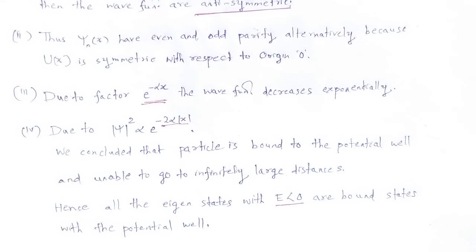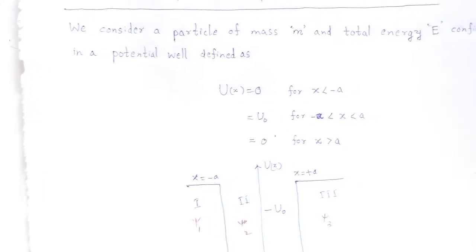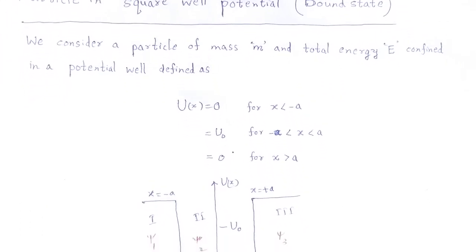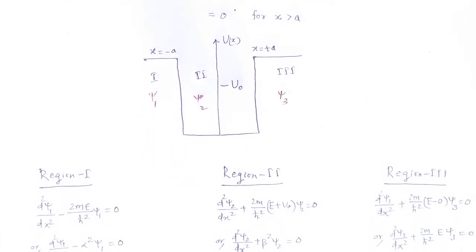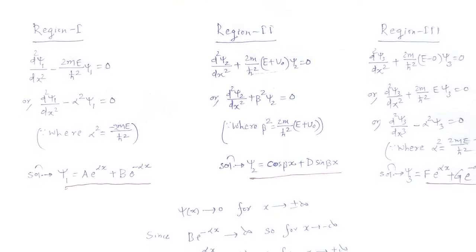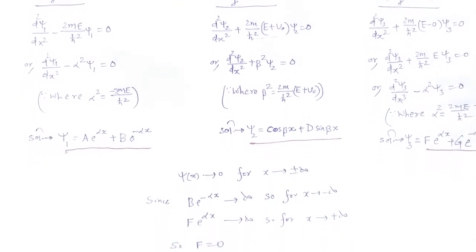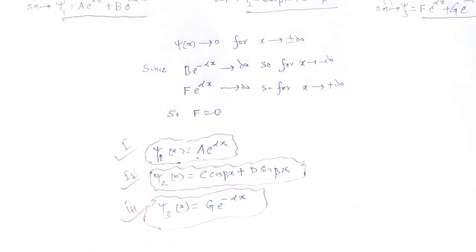So, what we have discussed throughout this video lecture: here we discussed the particle in a square potential for the bound state. Potentials are given for the regions. We use the time independent Schrodinger equation to derive the solutions, and the solutions are written like this for 3 regions.